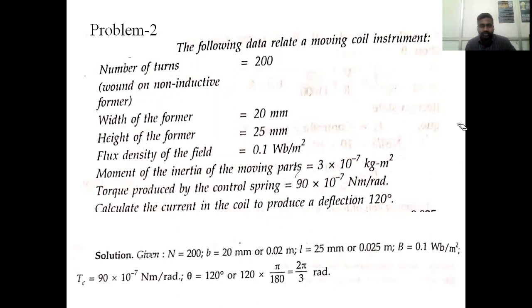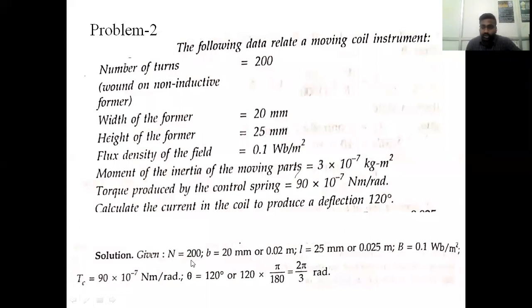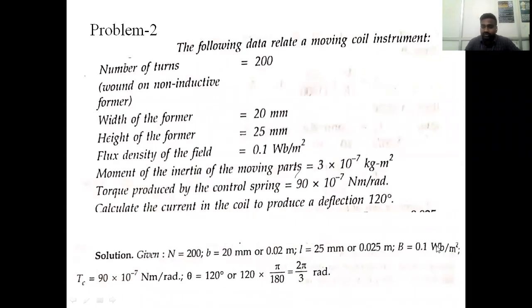Capital N is equal to 200, and B, the breadth of the aluminum former, is 20 mm, represented in meters. The length of the former is 25 mm, that is 0.025 m, and the maximum flux density B is in Weber per meter square.